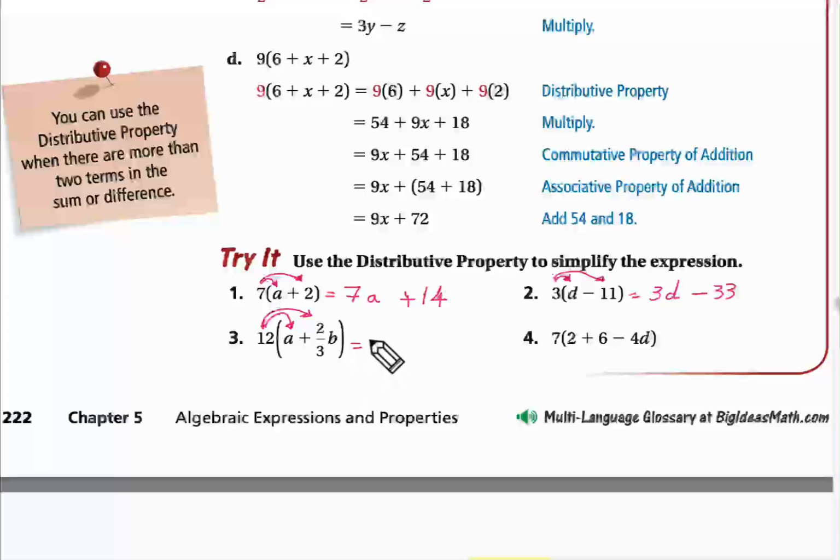So it will be 12 multiplied by A, so 12A plus 12 times 2 over 3b. Okay, we need to multiply 12 times 2 over 3. Let's do it. Divide by 3. 12 divided by 3 equals? 4. 4 times 2 equals? 8. So the coefficient of B is 8. So 12A plus 8B.